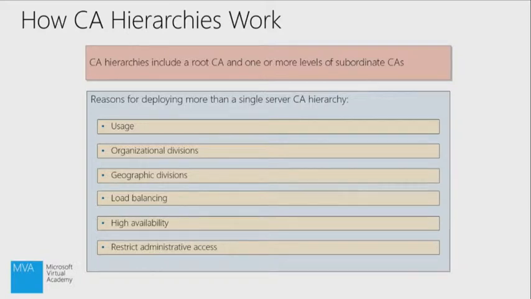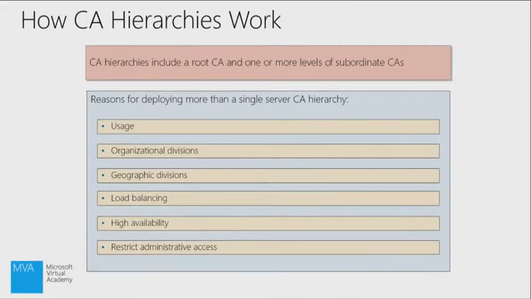Organizational divisions, as we talked about earlier. You might have a number of different organizations or teams or groups within your overall organization that have different functions, different requirements, different IT teams even possibly, and you need those teams to independently manage certification services.